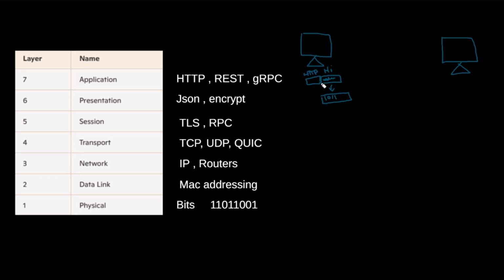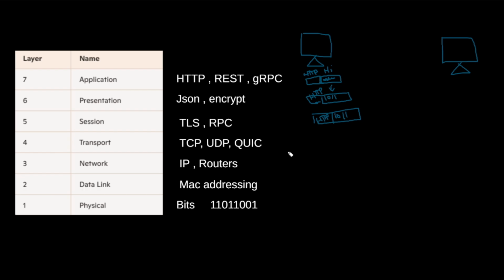So for this hi message, you have the HTTP header, and it will encode the hi and make the connection. The data looks something like 1011, and the HTTP header we have here.